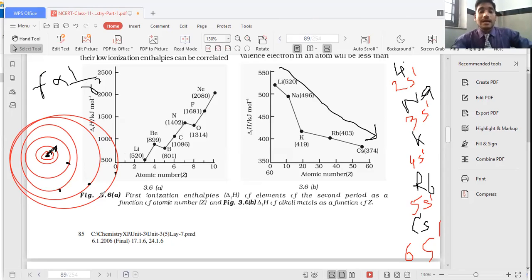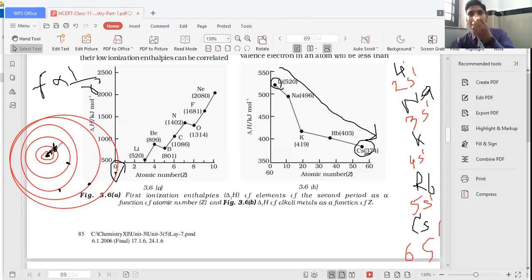It means that the easiest task is to remove the electron from the outermost shell of cesium, right? So cesium will have minimum ionization enthalpy, and it is very difficult to remove the electron from lithium as compared to cesium. Why? Because the electron is present in a lower orbit.